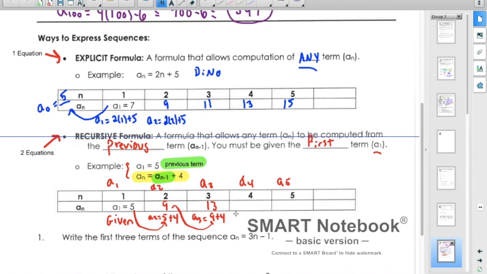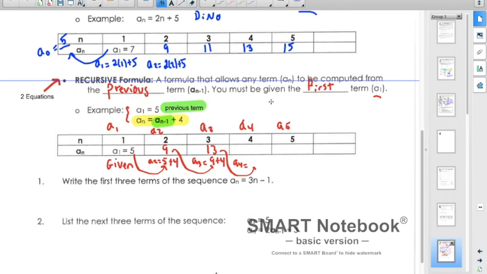For a sub 4, I'm taking my previous term, which was 13. I'm going to move this down a little bit. And I'm adding 4 to it. So you see the pattern here. I'm taking the previous term and I'm doing whatever the rule tells me to do. It says add 4 each time. Okay, I'm going to add 4 each time then.